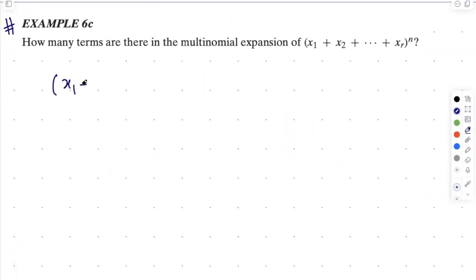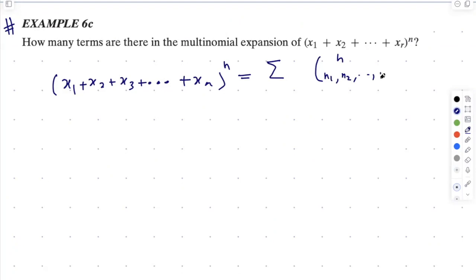If I need to find the expansion of (x1 + x2 + x3 + ... + xr) whole power n, then it is going to be equal to the summation of the multinomial coefficient n choose n1, n2, ..., nr, multiplied by x1 power n1, x2 power n2, up to xr power nr.